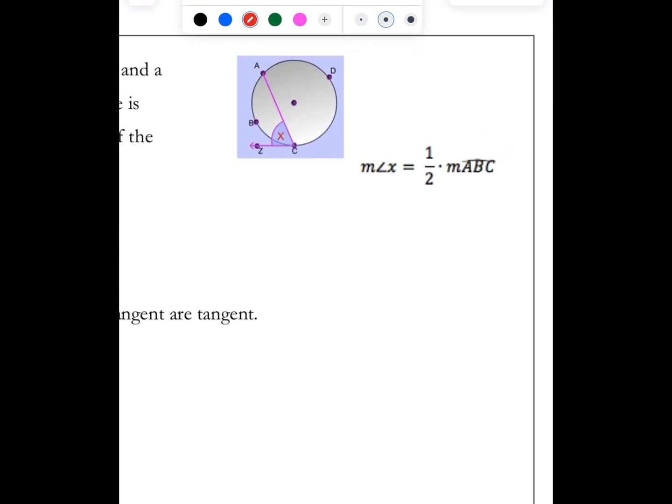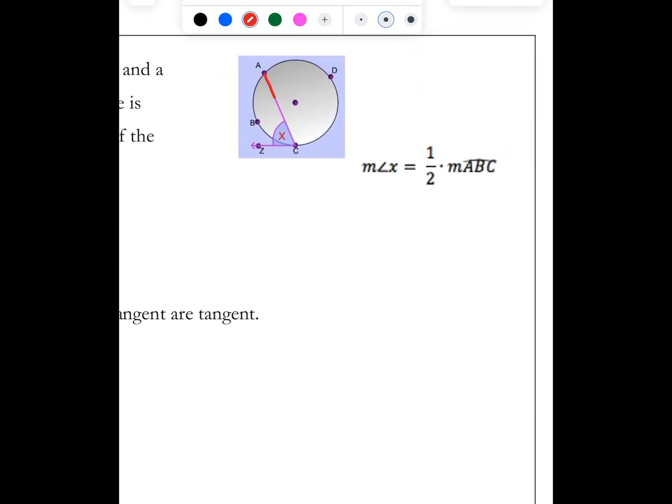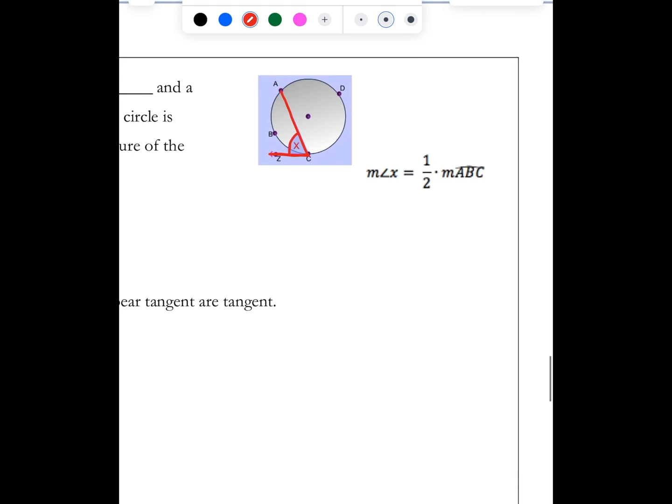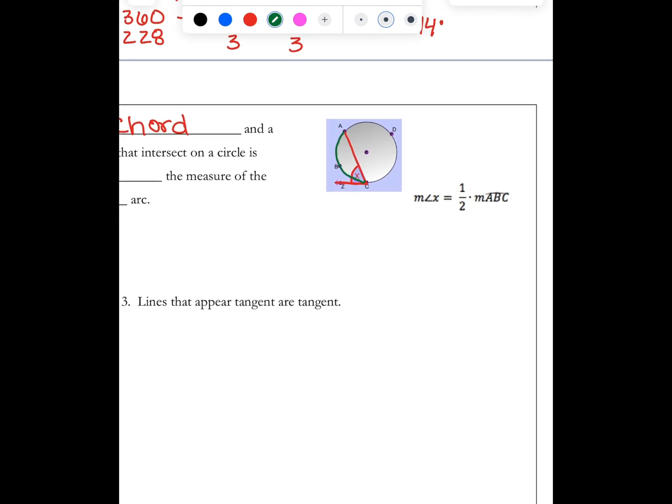An example of this is our chord AC and the tangent CZ. They form this angle, and that means that the angle X here in this situation is 1/2 of the arc ABC here. So a little bit different.